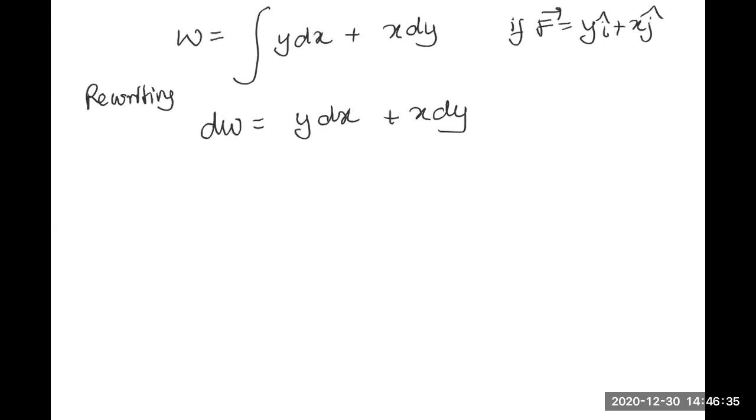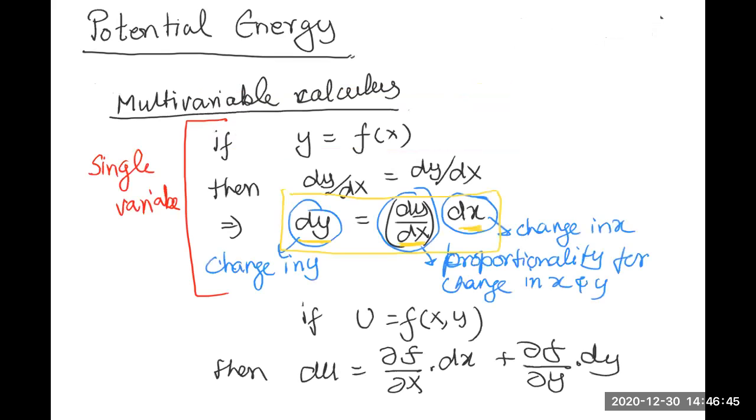Now if you look at this very closely, this looks very, very weird. This looks like this. There is a term multiplied with dx and there is a term multiplied with dy. Okay?